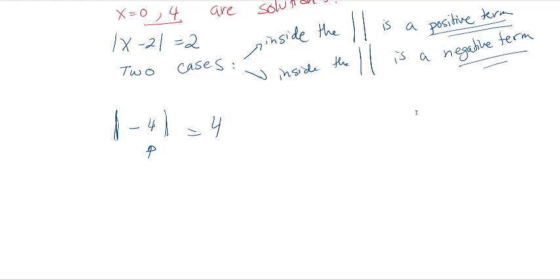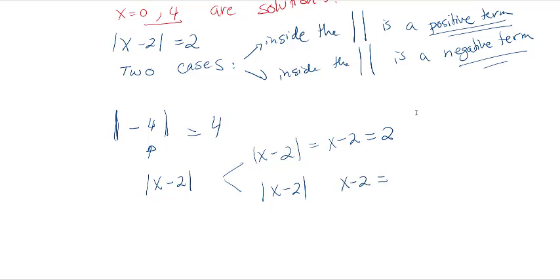So when we have x minus 2 here, we can have two cases. We can have x minus 2 is just a positive, and then so the absolute value equals x minus 2, and that equals 2. But if x minus 2 is a negative number, when we take the brackets off, we have to say that x minus 2 equals -2, right?